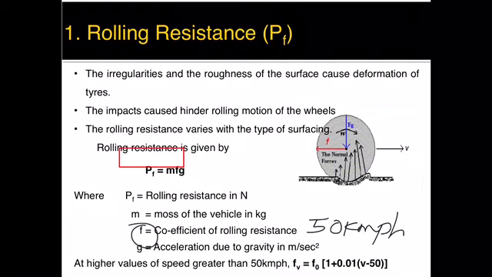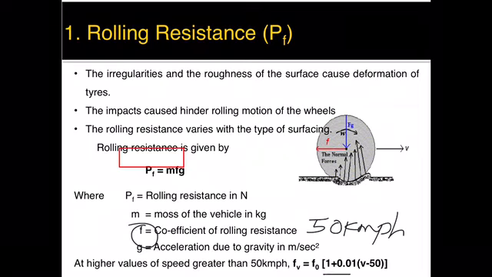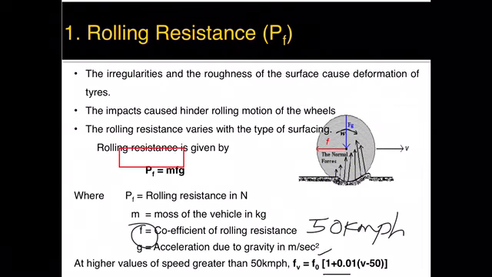The table values are given up to a speed of 50 kmph. Whenever the speed is higher than 50 kmph, you need to apply the correction factor given in the formula below, where F naught is the code value up to a speed of 50 kmph, and use the new value of the coefficient that is developed.